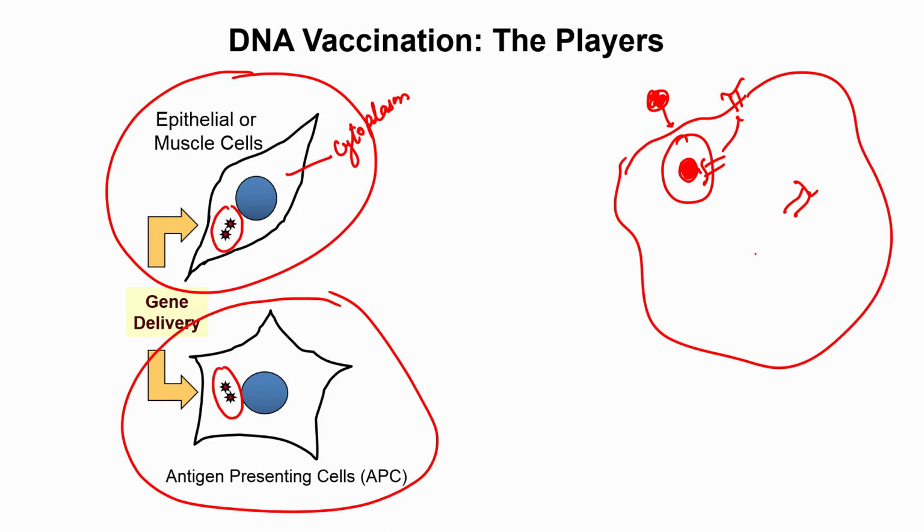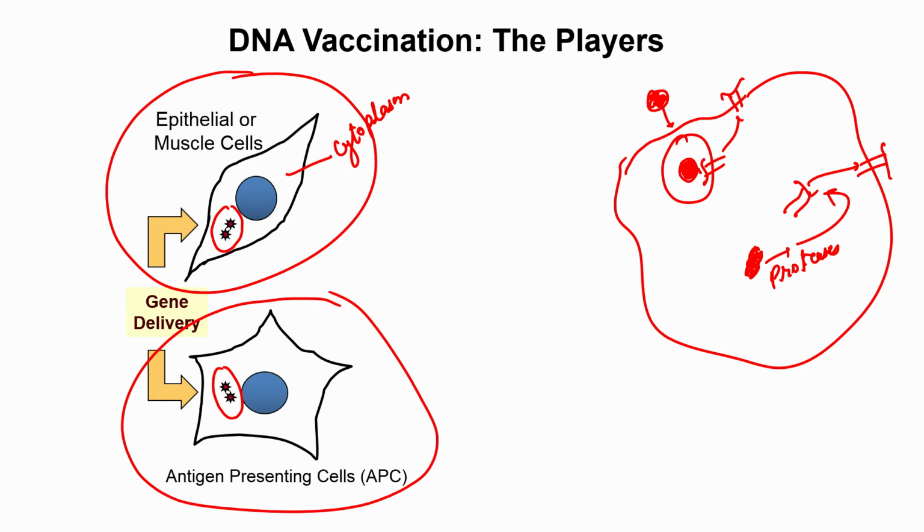Let us say here is your protein again, it gets degraded by the proteases, gets loaded onto these receptors that are expressed also in the cytoplasm and are going to the membrane, and that way you will trigger a different type of immunity.